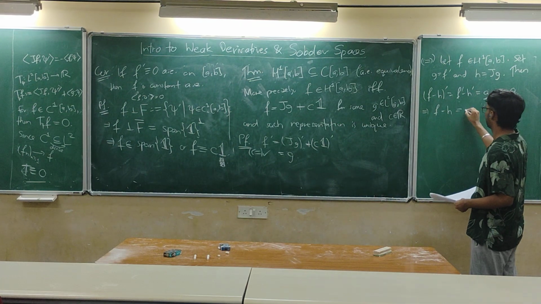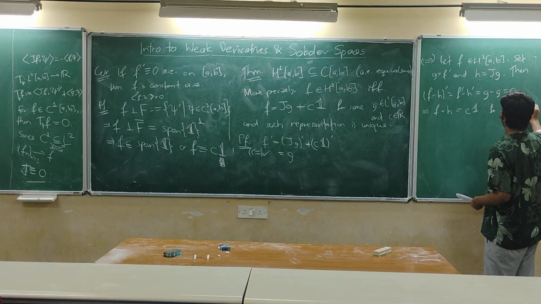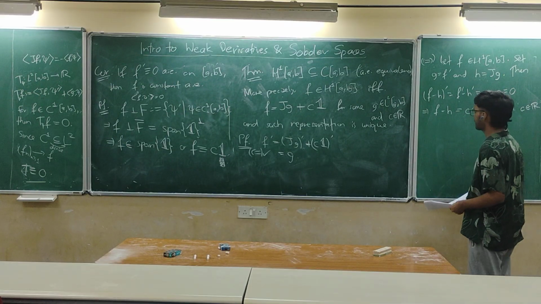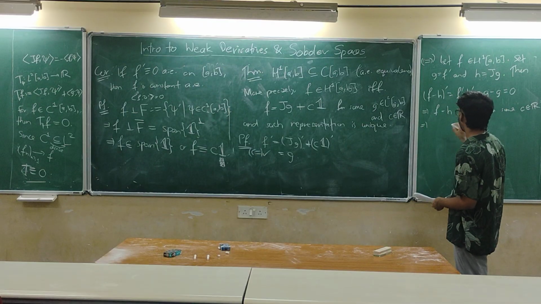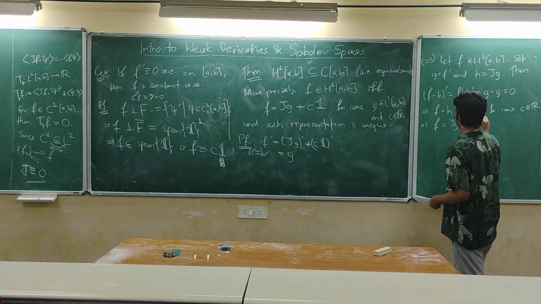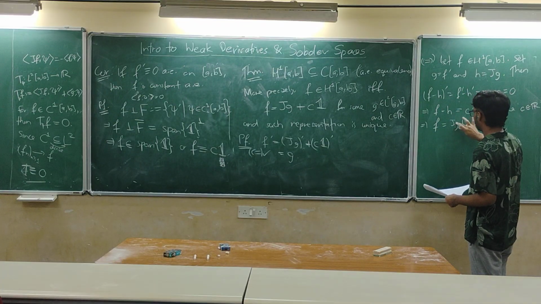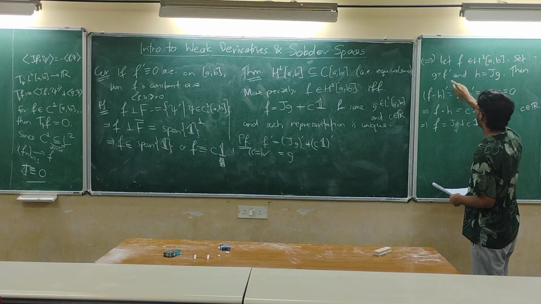So this is equal to c times the identity for some c in R, which, if I take h to the right hand side, gives f is basically the integral of g plus c times the identity. More precisely, g was taken to be f prime.